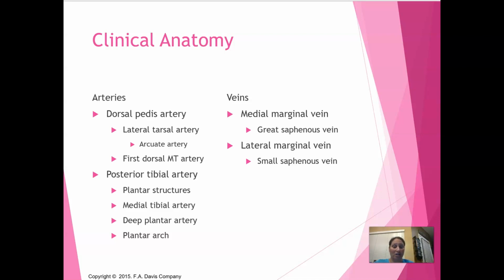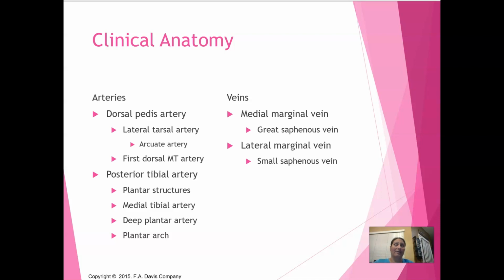We should have talked about, and you should be somewhat familiar with the arteries, because there is a dorsal pedal artery, which usually is in between the first and second metatarsal, more distally on the foot. And then there's the posterior tibial artery, and kind of self-explanatory. Veins for returning the deoxygenated blood back up to the heart to kind of go through it all again.